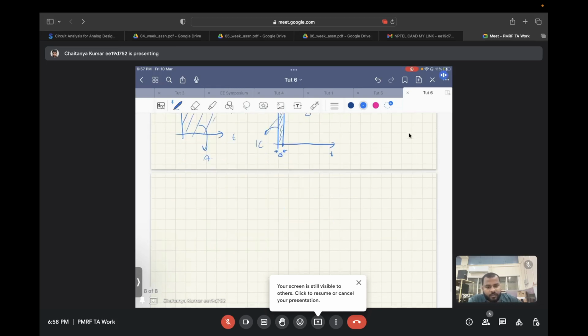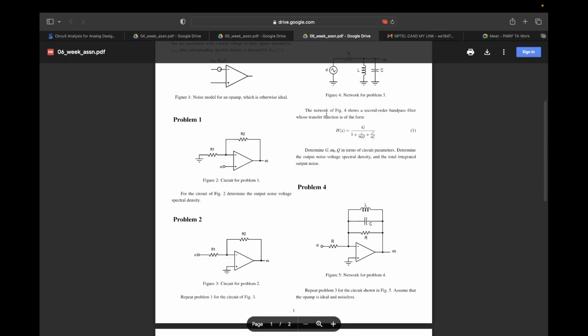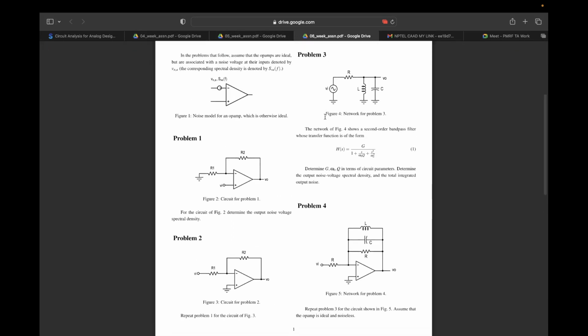Sir, let me calculate. One more thing, sir, am I doing the correct process or not? For question number 1, first we need to find the gain, sir. Which question are you talking about, question number 4 or question number 1?